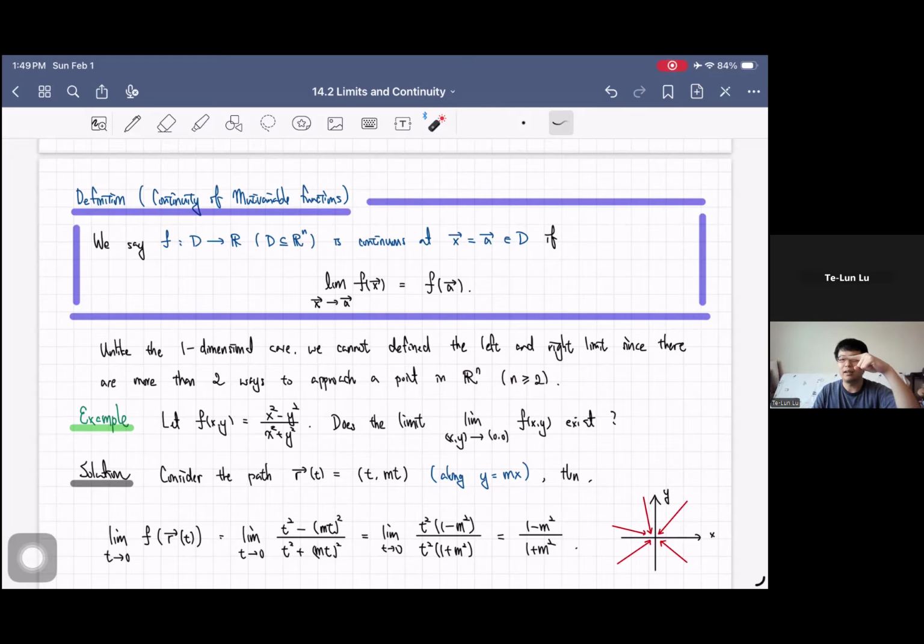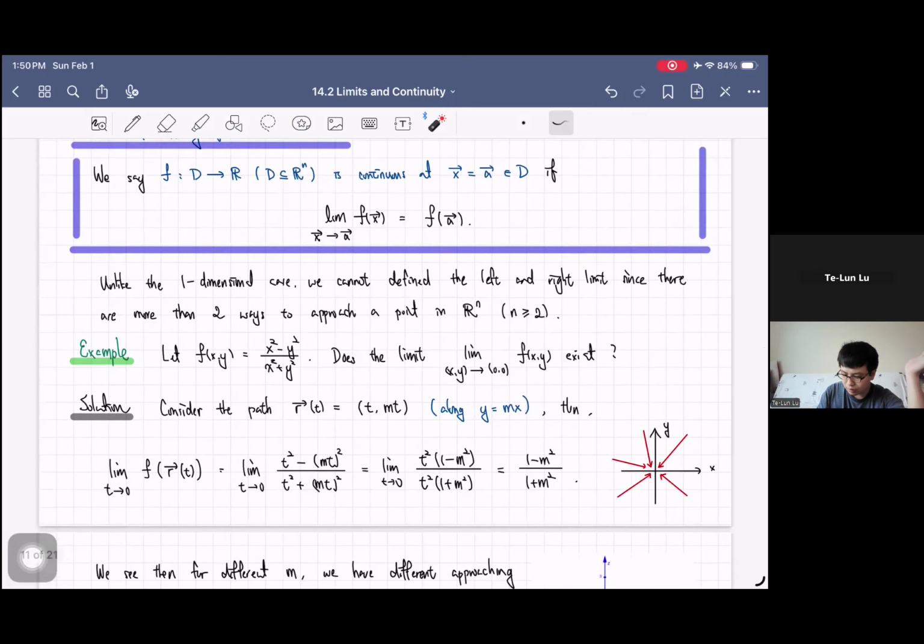On a real line, the only way you can approach a point is either from the right or from the left. However, in the plane, in the n equals 2 case, if we want to approach, say, the origin, then you actually have infinitely many possible directions. You can approach it at different angles or along different strange paths.